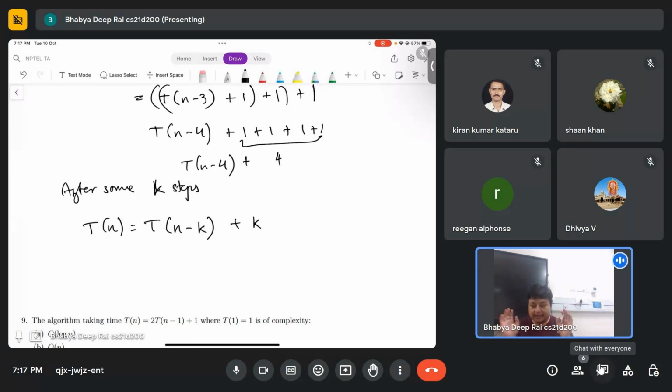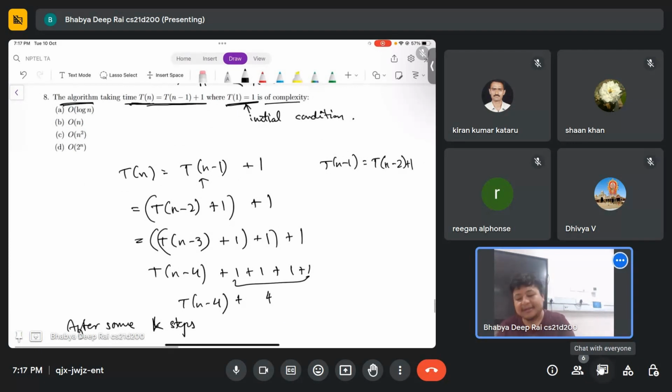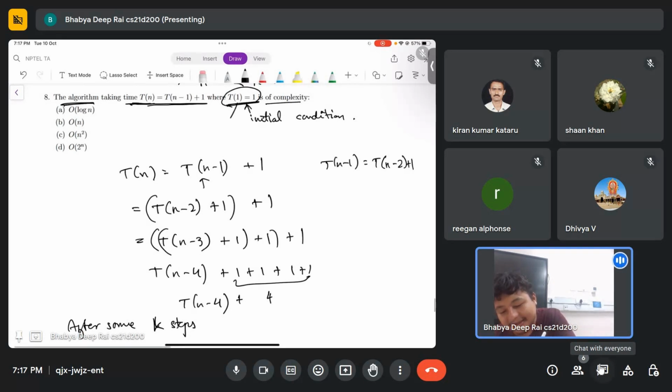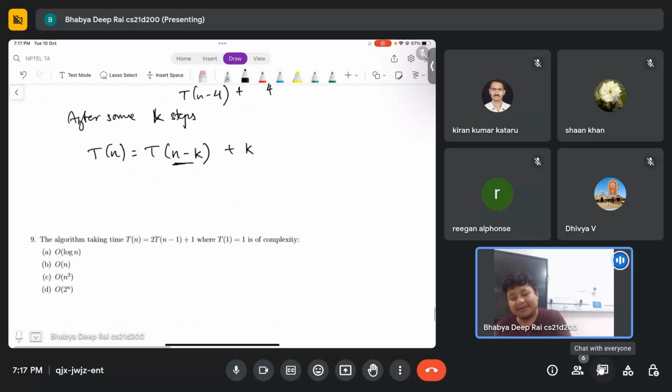We reach this point. The only idea that remains is that the process is finite only when we reach the initial condition, and the initial condition asks for the parameter to be equal to 1. So let's make this parameter equal to 1, say n minus k equals 1. That is T of 1, which equals 1.